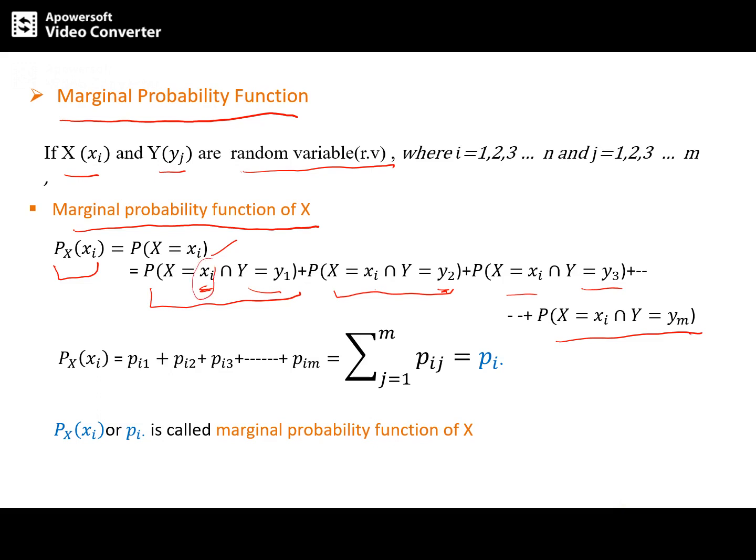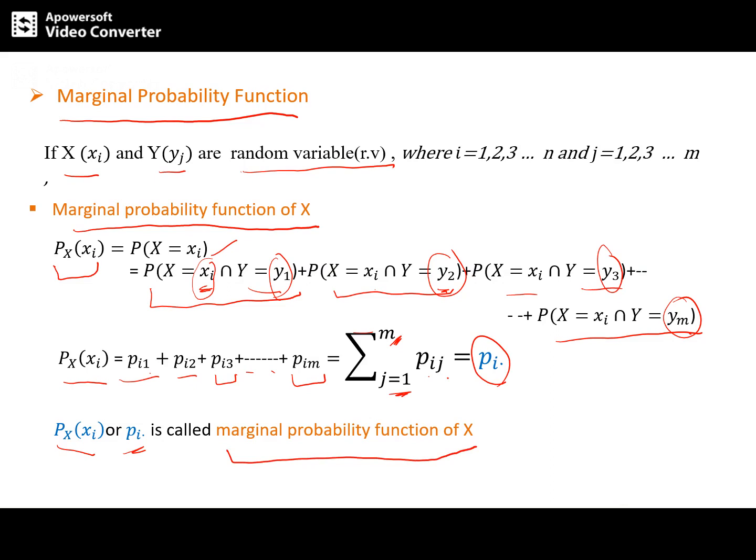Here we fix xi and vary y1, y2, y3 and so on up to ym. It is also denoted as P of X equal to xi is pi1, pi2, pi3 and so on up to pim. Also we can write it as the summation over j equal to 1 to m of pij, which is equal to pi dot. This P_X of xi, or pi dot, is called the marginal probability function of X.